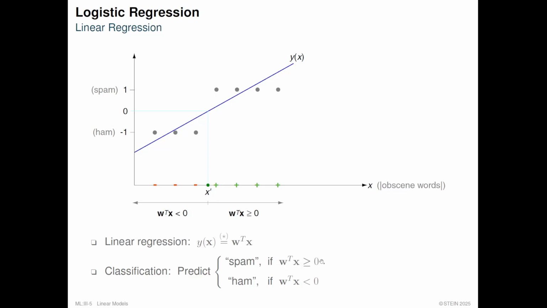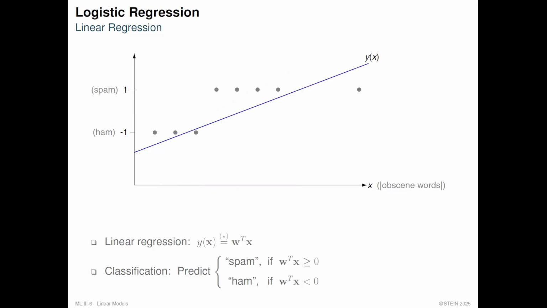So this is how to predict things. What we need here is not only just predict a value for our model function, but also assign that value a meaning by defining a so-called threshold. And this threshold here is 0. Everything on our y-axis that's below 0 is ham, and everything above is spam. This is what you already know.